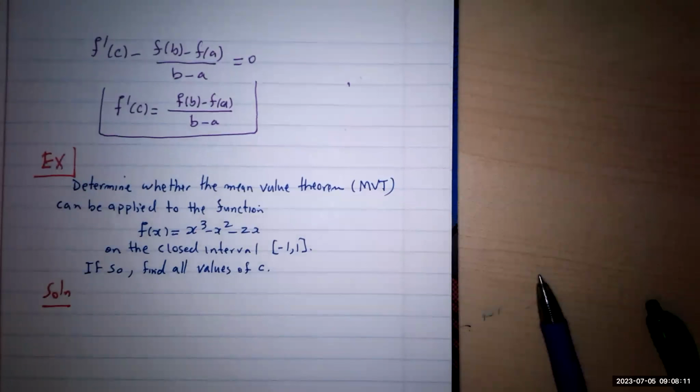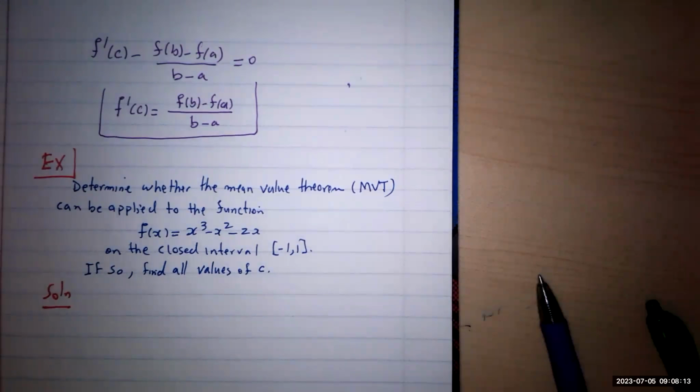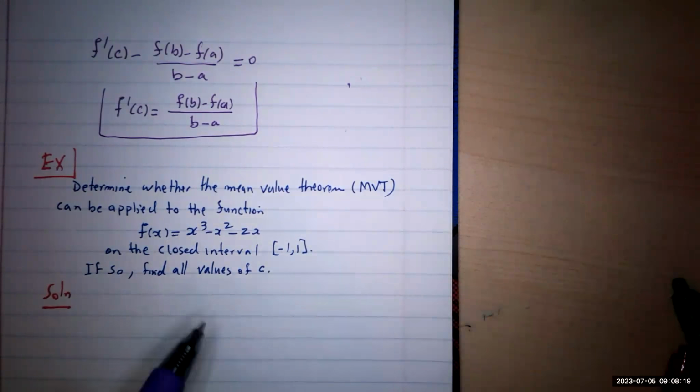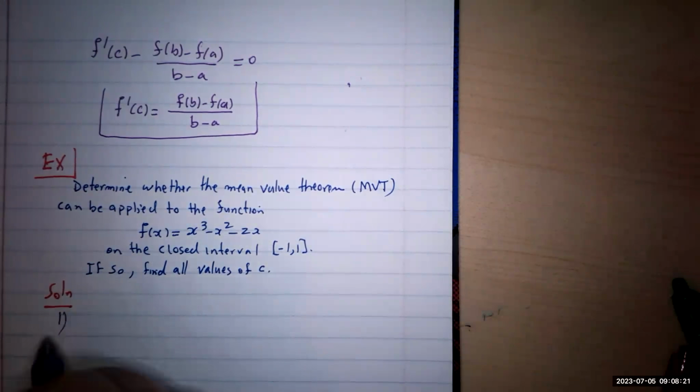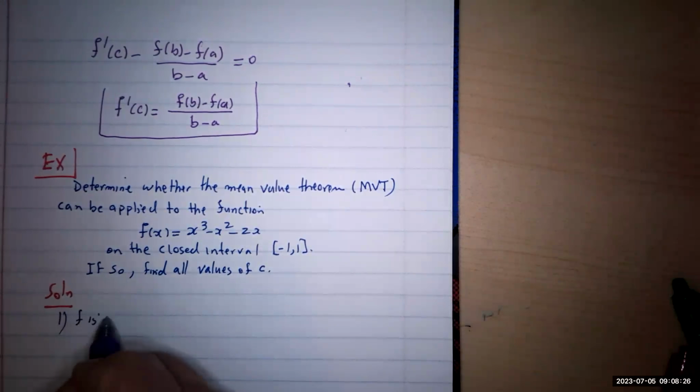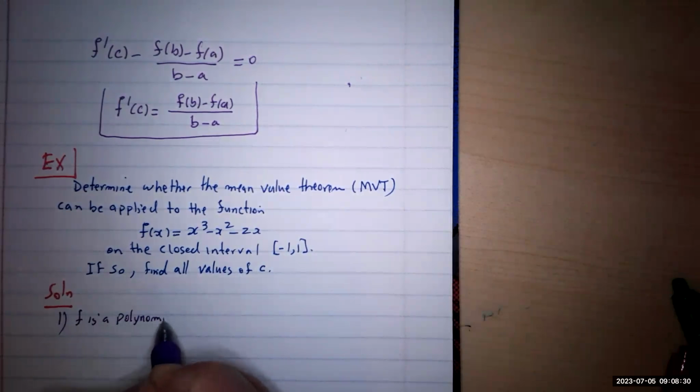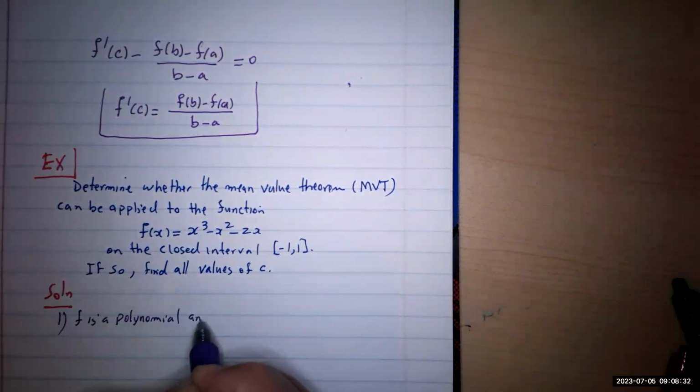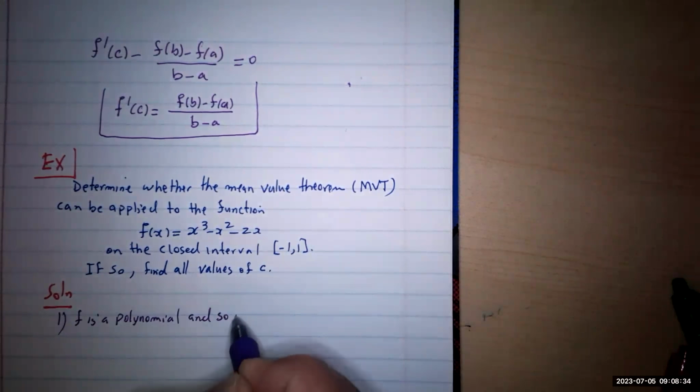But you have to write the conditions for us, otherwise you lose points on the test, because you want to investigate. This is the way you're going to check. First condition, continuity, polynomial. You mention that f is a polynomial, and so is continuous.